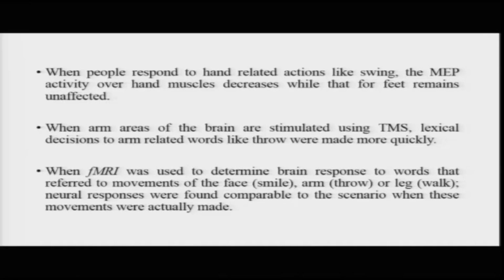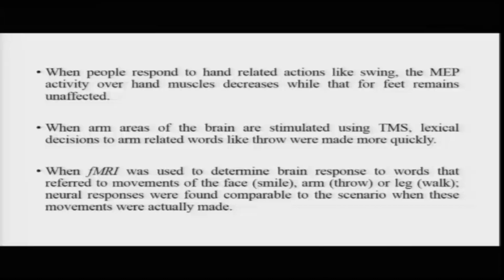So, apparently this processing is really happening in a very neurally grounded sort of way. When arm areas of the brain are stimulated using TMS, transcranial magnetic stimulation, which is basically used to temporarily activate, artificially activate or numb the brain by applying a magnetic field, lexical decision to arm related words becomes faster. These arm areas are the areas that control the movement of the arm.